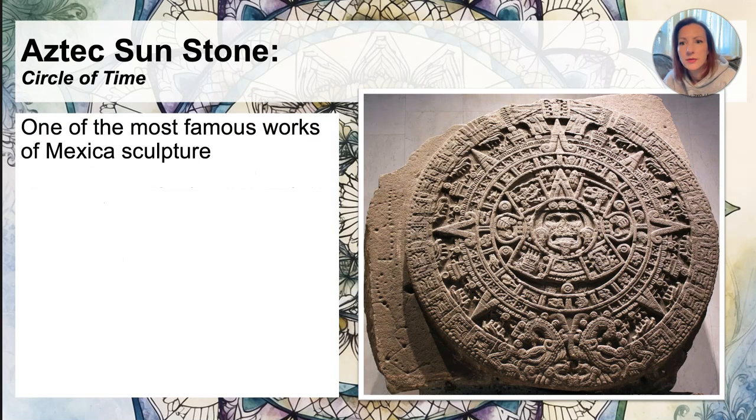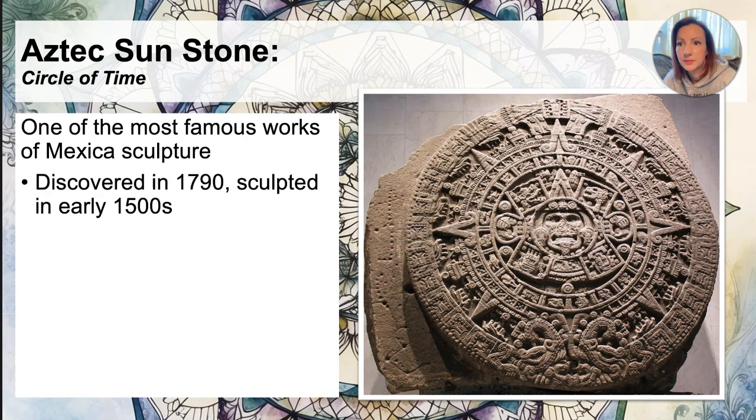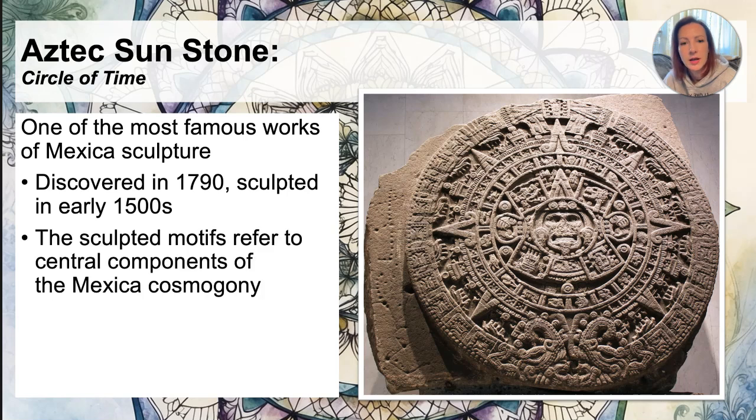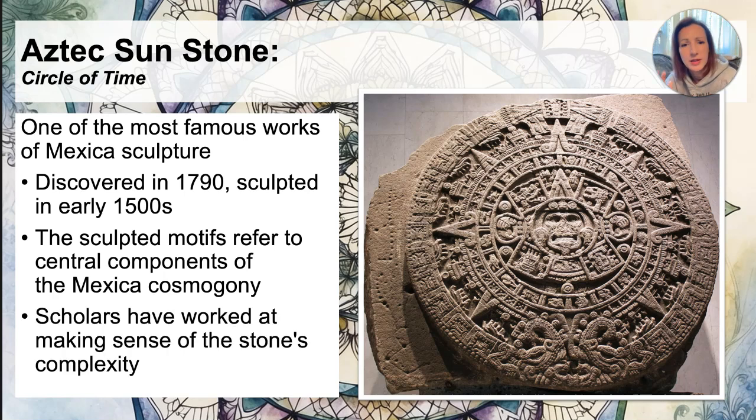It is one of the most famous works of Mexican sculpture, discovered in 1790, and they think it was sculpted in the early 1500s. The sculptural motifs refer to the central components of their astrology. It's not astrology, but I can't say that word. Scholars have tried to make sense of all the symbolism and the little designs in here, but there's still some arguments on what it actually means.